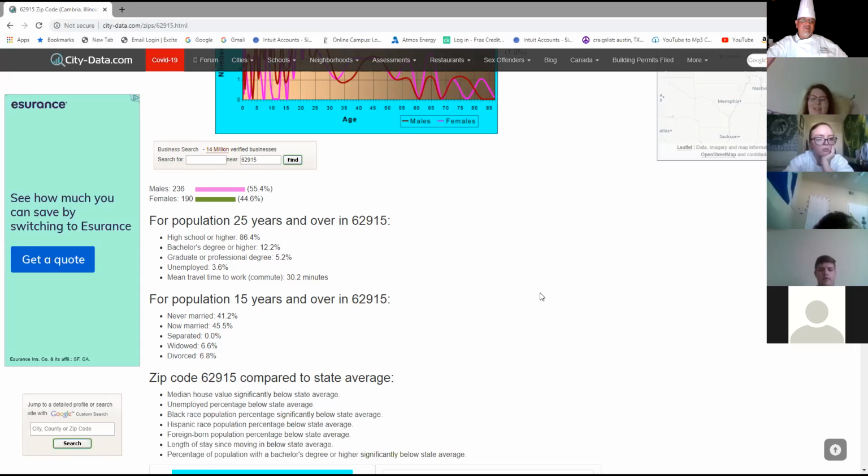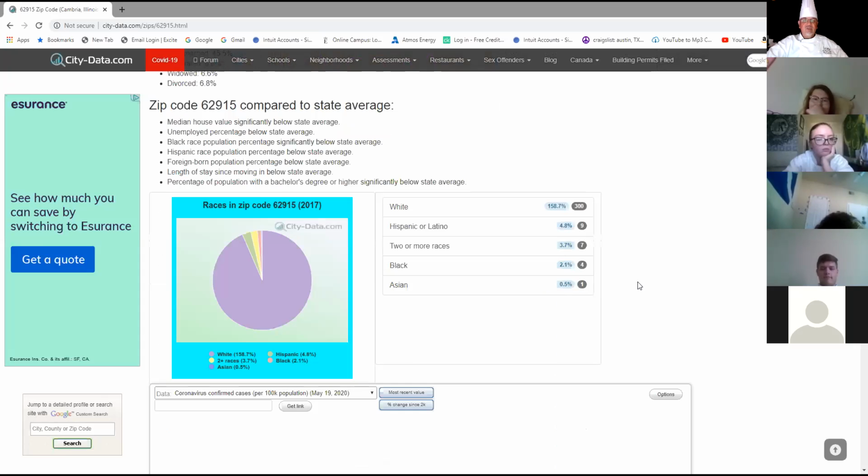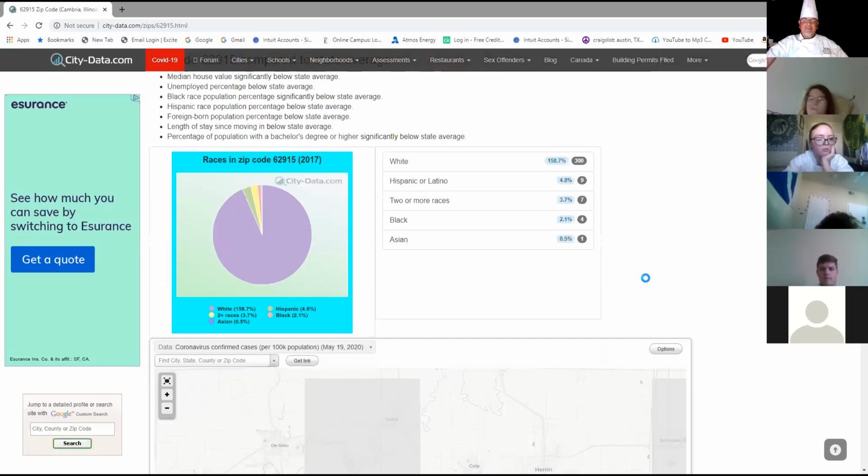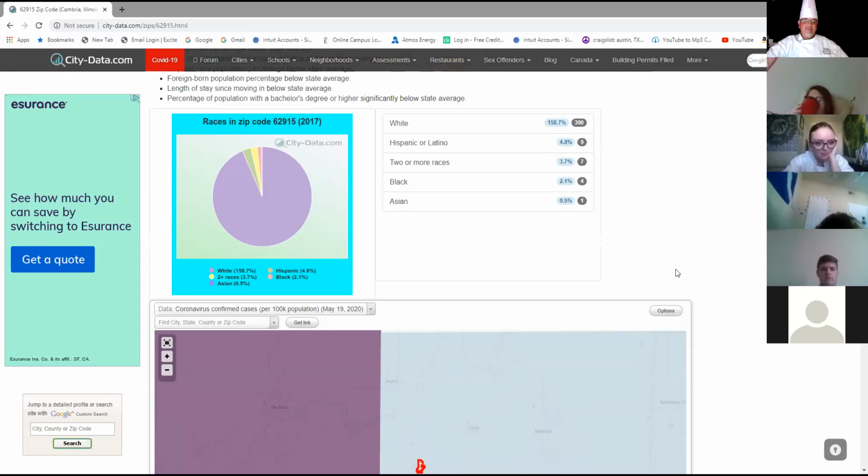Graduate and professional degree 5.2. Unemployed 3%. Mean travel time to work is about 30 minutes. Population 50 years or over, and it also gives you the race in the zip code. White, Hispanic, two or more races, Black and Asian: 15, 4, 3, 2, and 0.5.